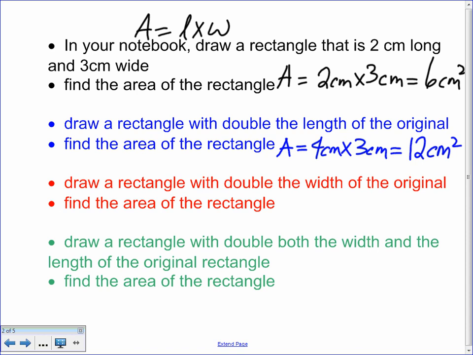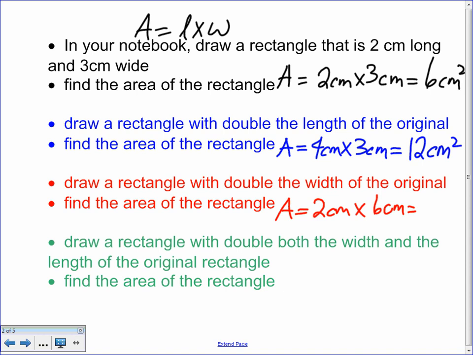This time draw a rectangle with double the width of the original and leave the length the same and find the area. In this rectangle, our area equals length times width. We've left the original length, 2 centimeters, and we've doubled the width to 6 centimeters.